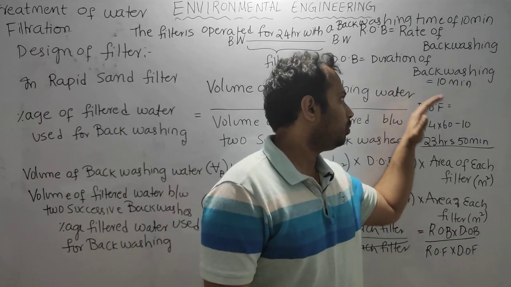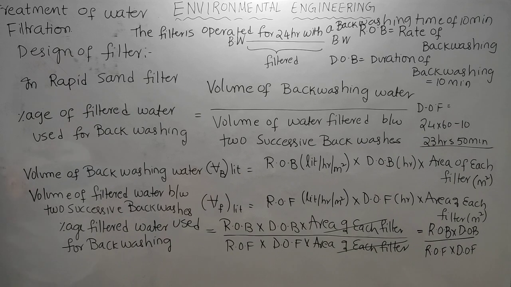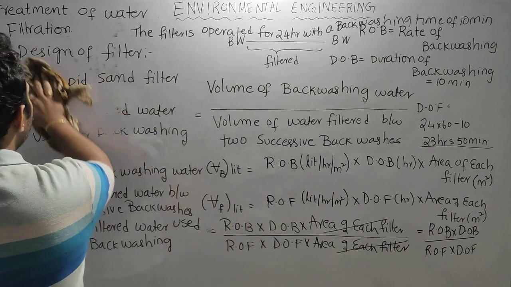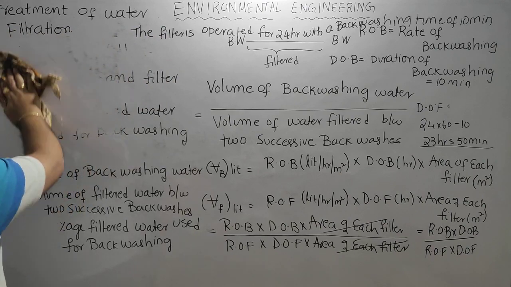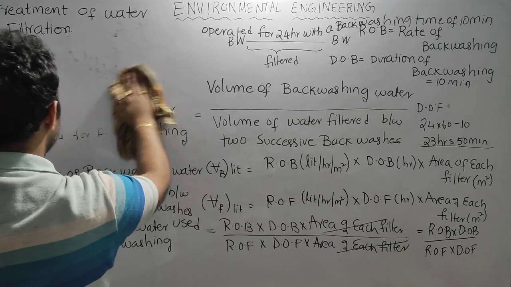So this is what we need to remember about the design of the filter in rapid sand filter as well as slow sand filter. There are some miscellaneous types of filters apart from single media. We have discussed all the single media filters, and now there are dual media filters.